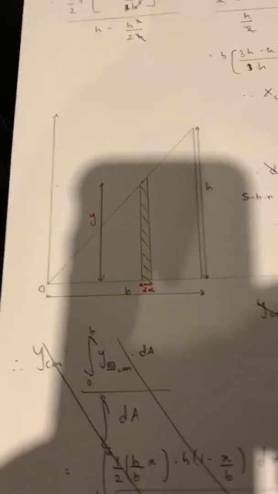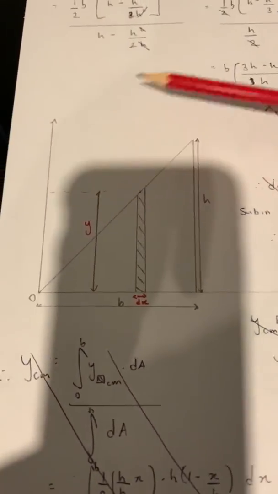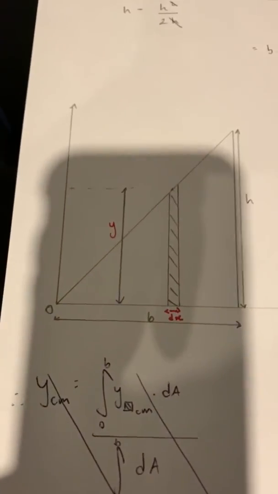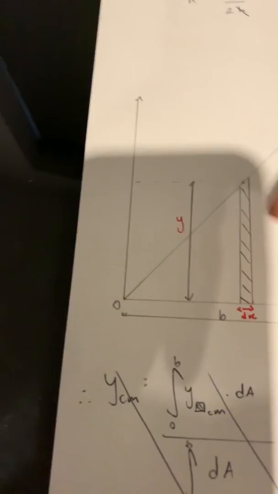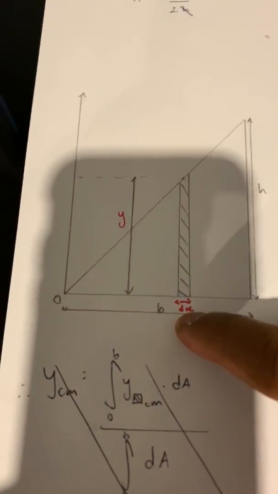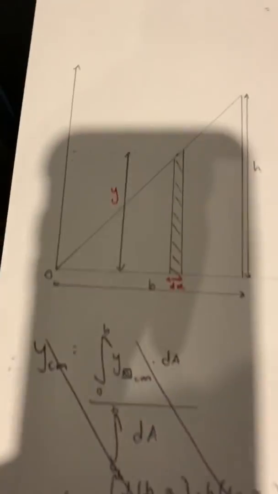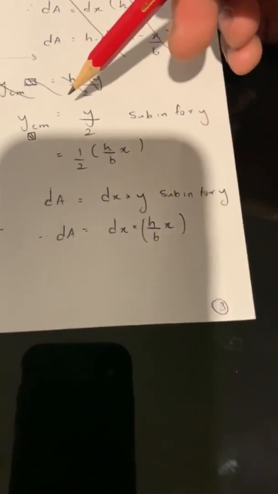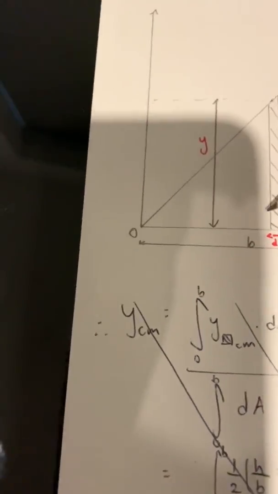Yeah, so I did the same thing for y. I'll just do another graph because it's going to be a bit messy otherwise. Same thing, a small piece of area. It's such a small number, so that's why I called it dx. And this height is y.